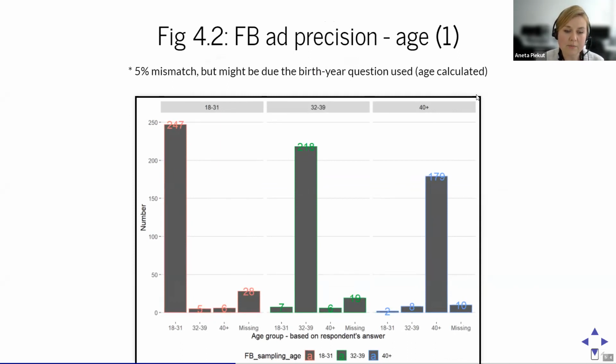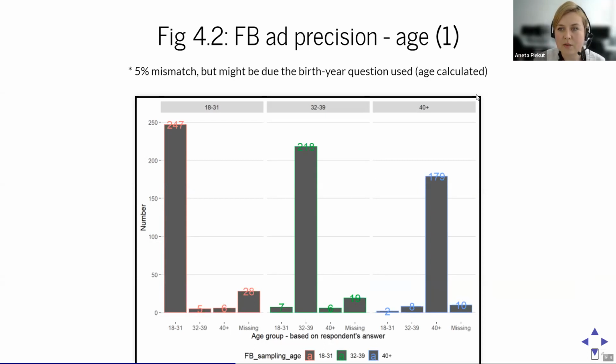Some mismatch could be due to the way we asked about the age: we didn't ask directly how old are you, but we asked about the birth year. So if I was responding to the questionnaire in March and someone asked me how old I am, I would say, oh, I'm 39.